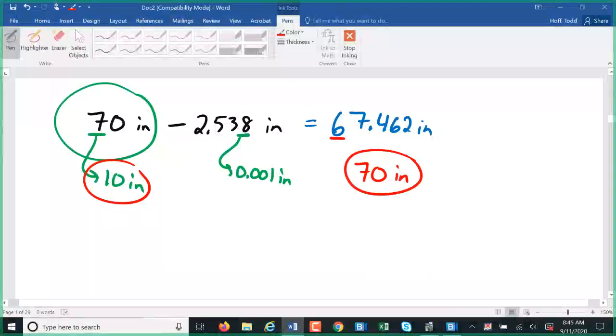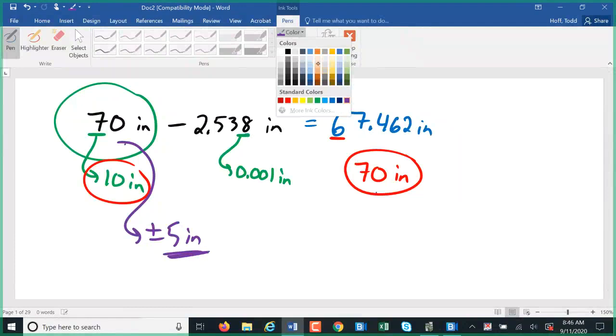So here I took 70 inches, I subtracted 2.538 inches from it, and I still have 70 inches. Because in this 70 inches here, there's plus or minus, oops, not 0.5, there's plus or minus 5 inches of potential error.